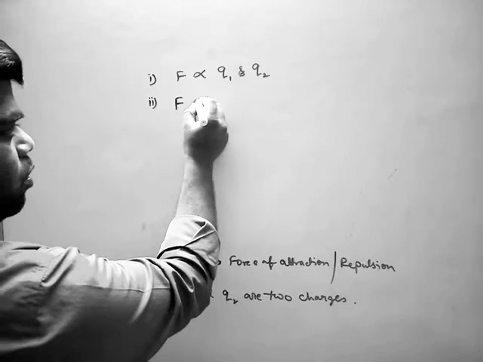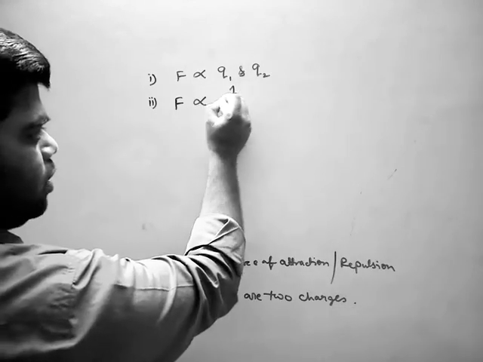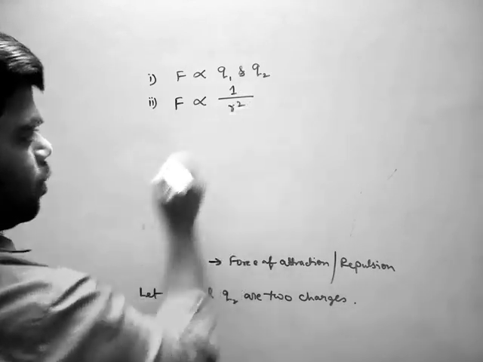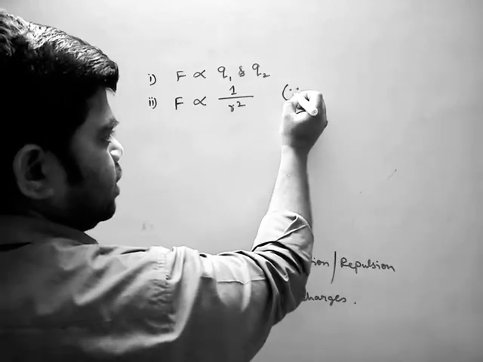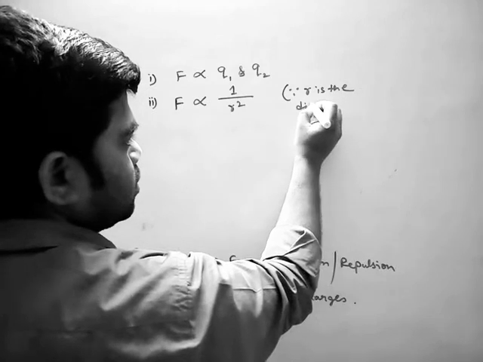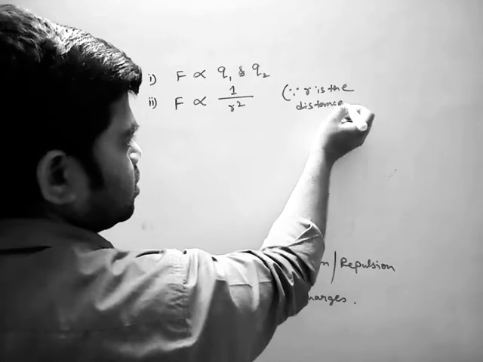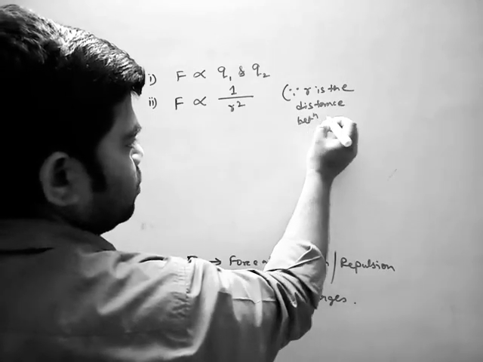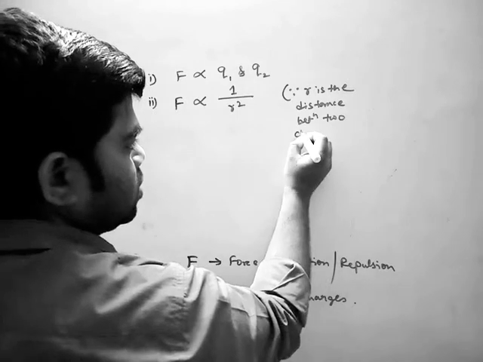So F is also inversely proportional, 1 divided by R square, where R is the distance between the two charges.